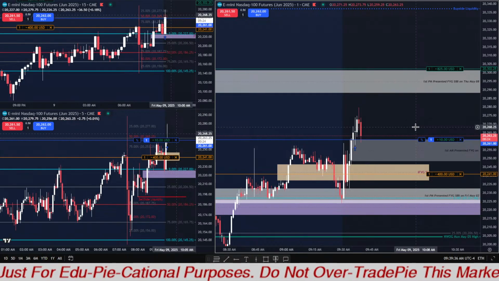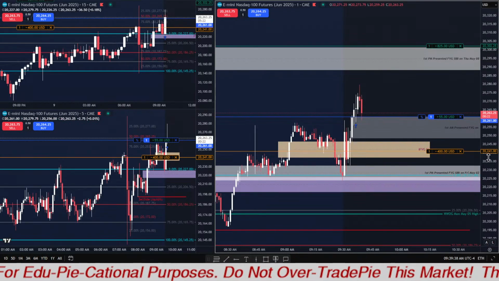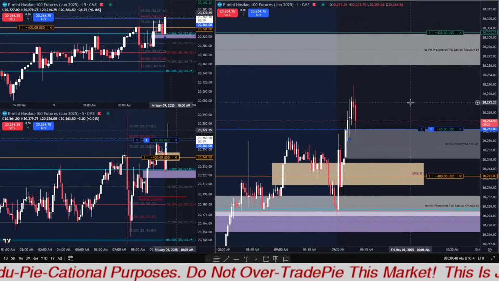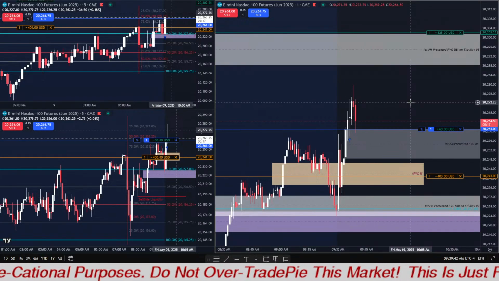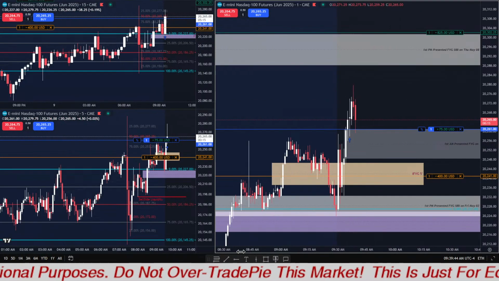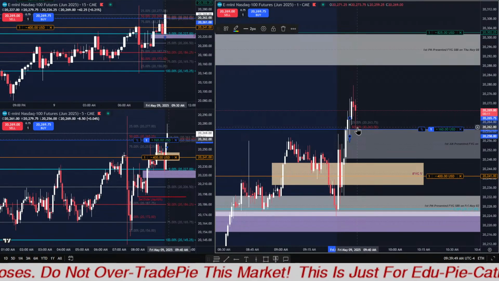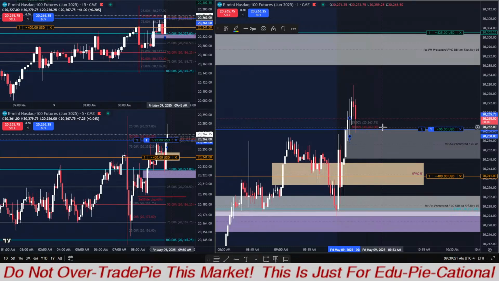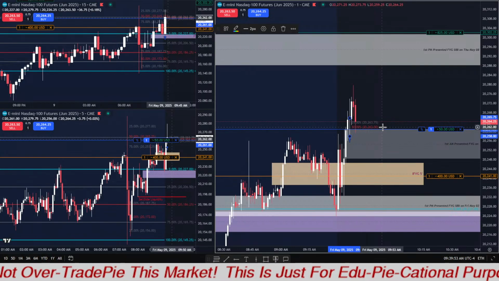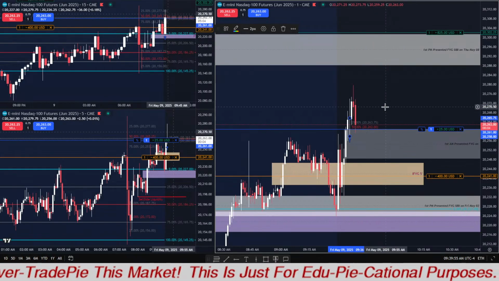Once again traded into the first presented fair value gap. And now I'm looking at this week's level, especially the midpoint at 262.